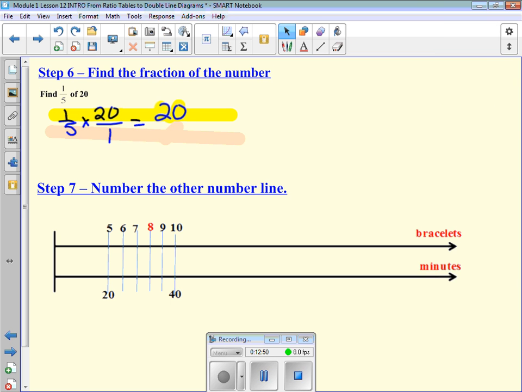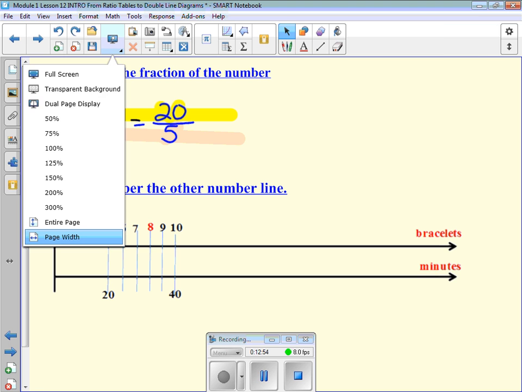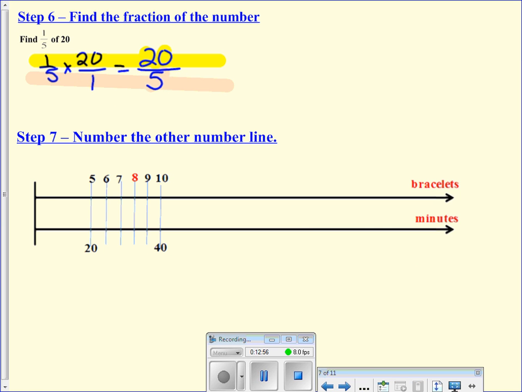Another heart, because I really love math. So 20 over 5 reduces to? 4. So that means each 5th, or each section, is worth 4.